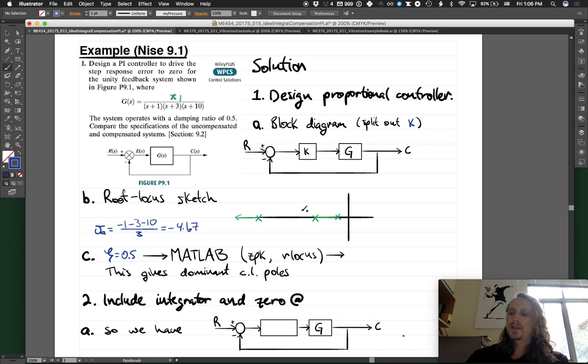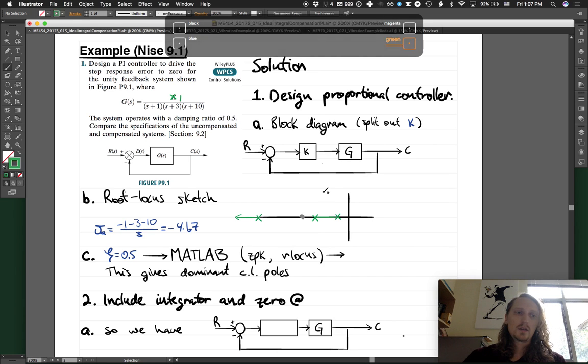So our vertex of these asymptotes is somewhere around here, okay? And you're going to have 3 asymptotes. And if you went through and found out what those angles are, the thetas associated with these, you're going to be at 60, 180, and then -60.